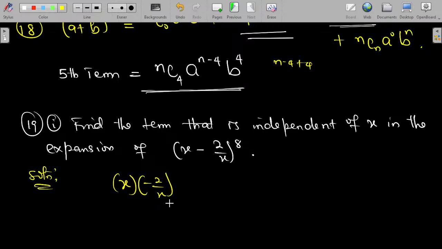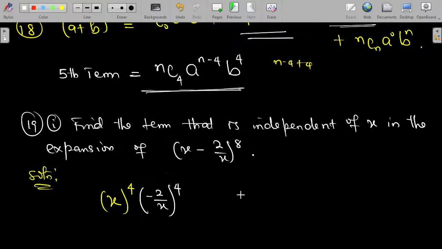And how do you get that? Having in mind that the sum of the powers must be the same, I will start by writing my x and then giving it a power. What power will that be? You discover that the power that will do that will be power 4. So if my x is to the power of 4 and I have 2 over x, what will be the power now? Remember, the sum must be equal to 8. So this one will also be 4.